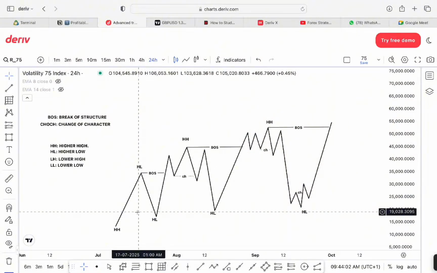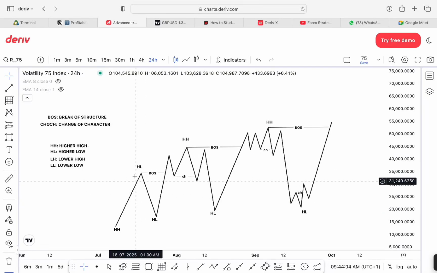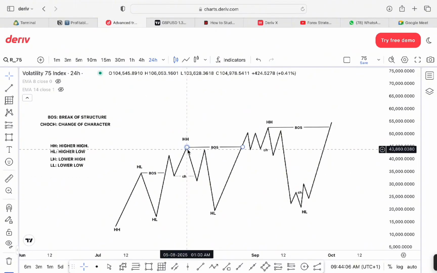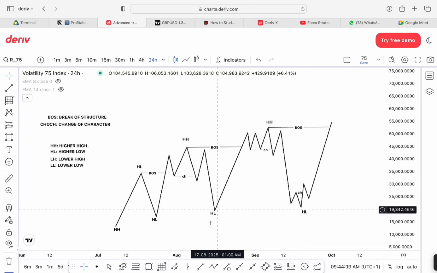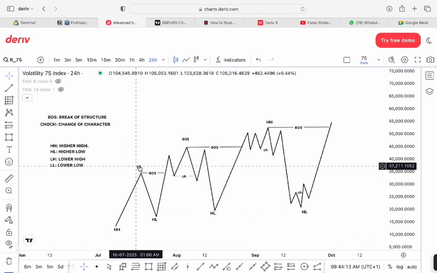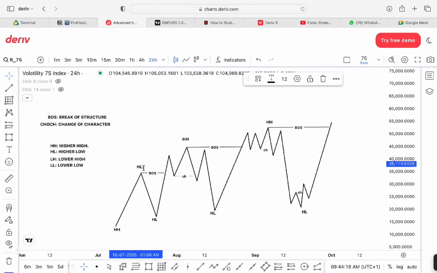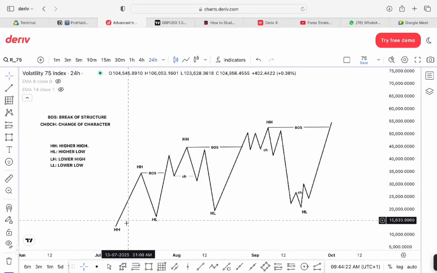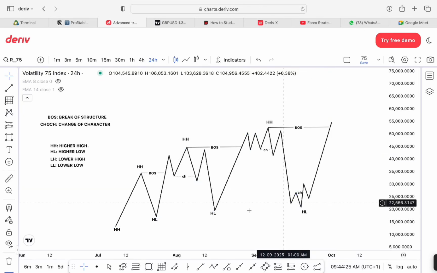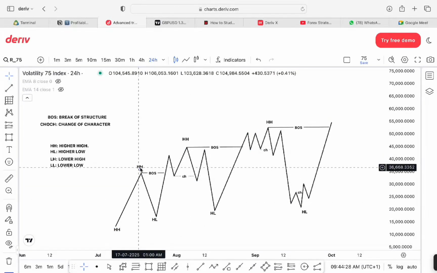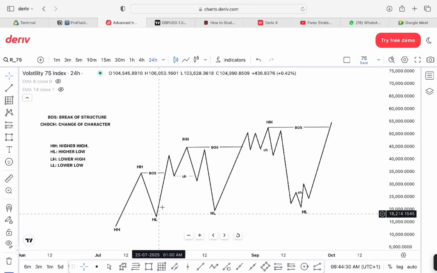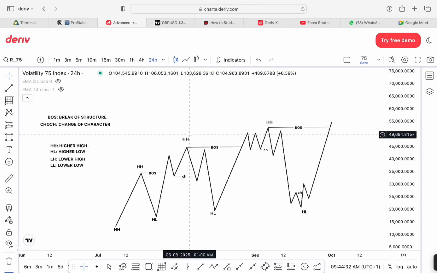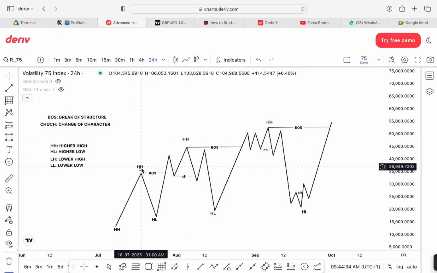It simply means that each new high that price is forming is higher than the last. So if you take a closer look on the screen, you will see we have a higher high, a higher low, and the next high is higher than the previous high.